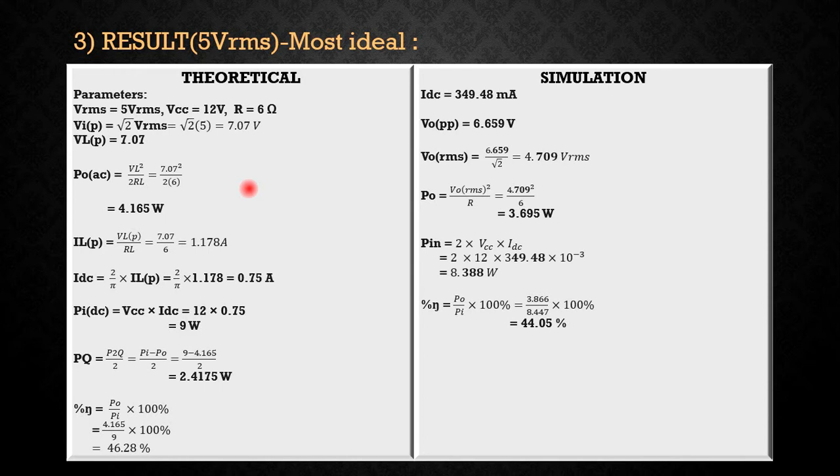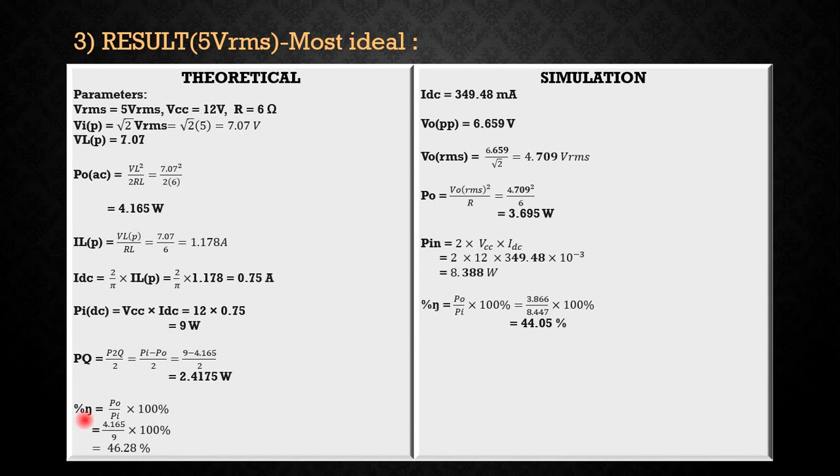For IDC, we use 2 over pi times IL, which we get 0.75 ampere. For power input, we use VCC times IDC, which is 12 times 0.75, equal to 9 watt.